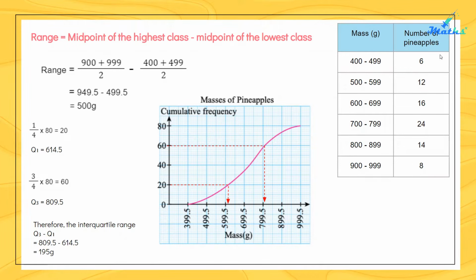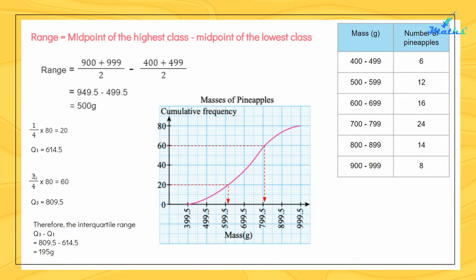Our total frequency is 80. We use 6 plus 12 plus 60 plus 24 plus 14 plus 8 and we get 80. So 1 per 4 times 80 is equal to 20. In the graph, we find 20 and we touch the graph line, go down. So we get Q1 is 614.5.